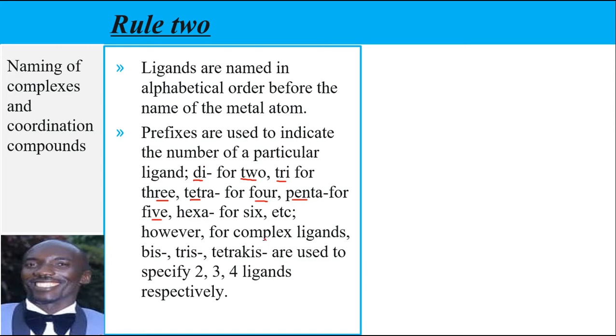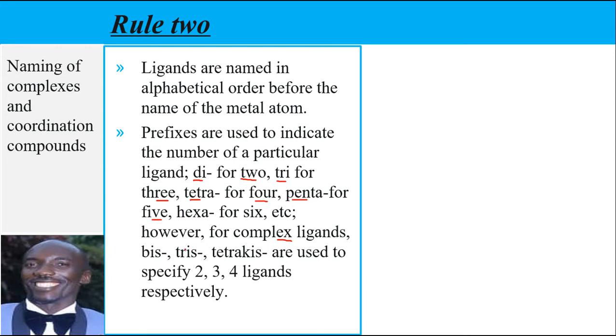However, for complex ligands, when we talk of complex ligands, we mean those ligands which are polydentate, those which have more than one atom that can donate lone pairs of electrons.